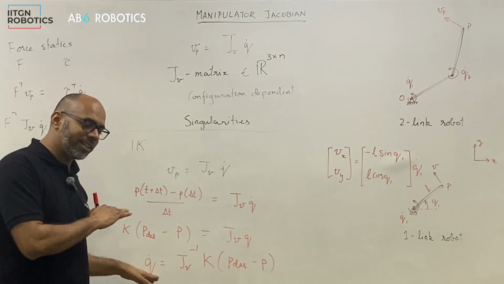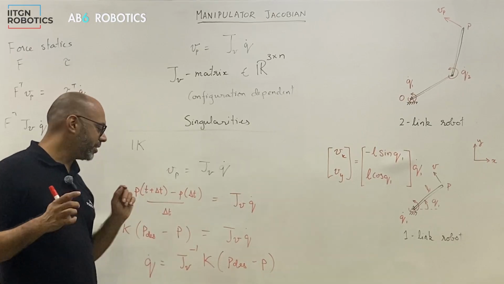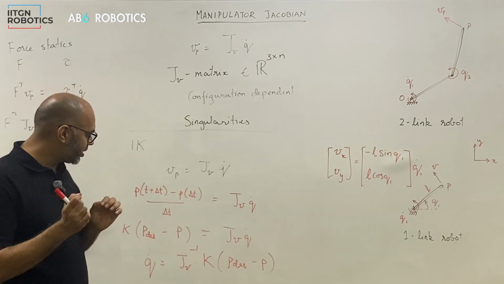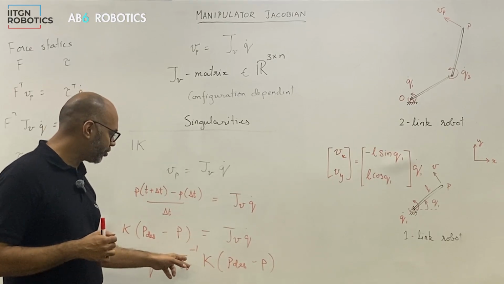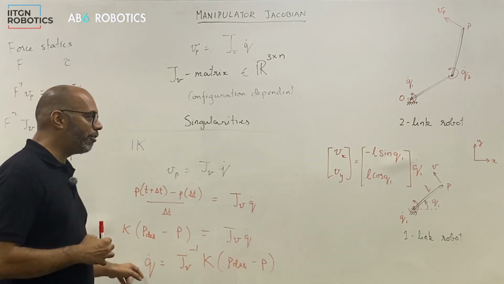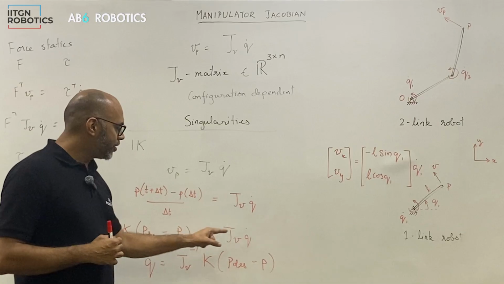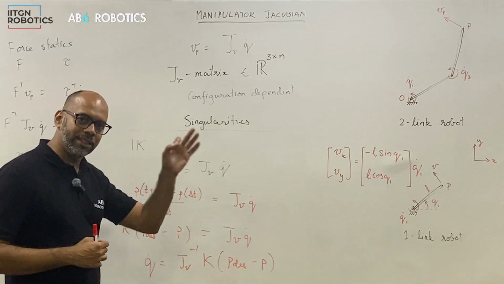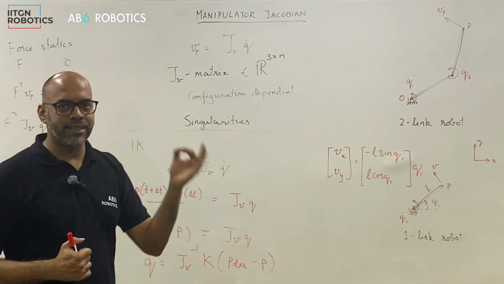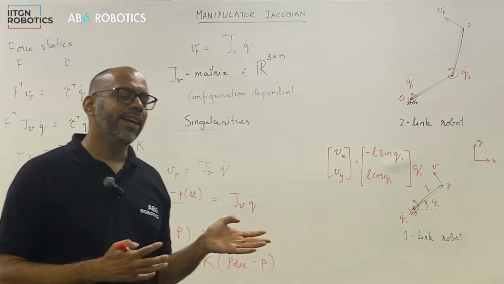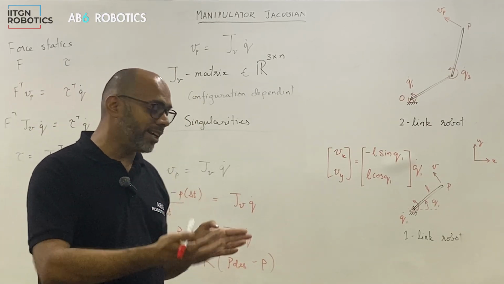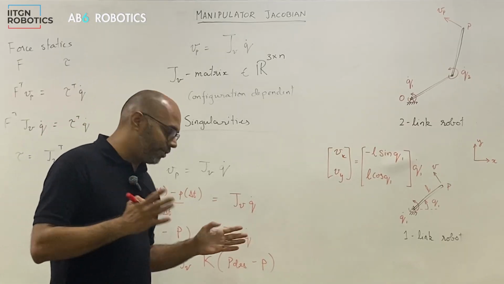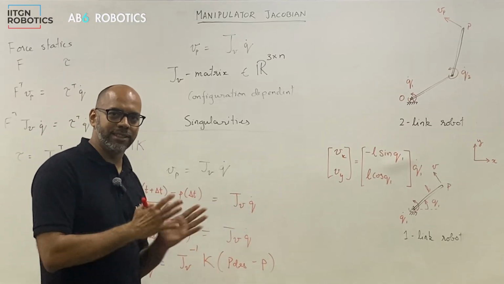But the whole point here is not getting the equation right, but getting the concept that you can use Jacobian and some form of inverse of Jacobian to figure out how to move the joints so that your end effector reaches a certain desired position. So this is an indirect way of doing inverse kinematics in an iterative way, but this approach is widely used with a little bit of sophistication added.